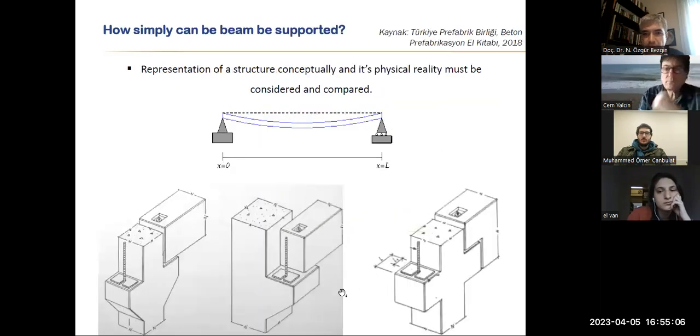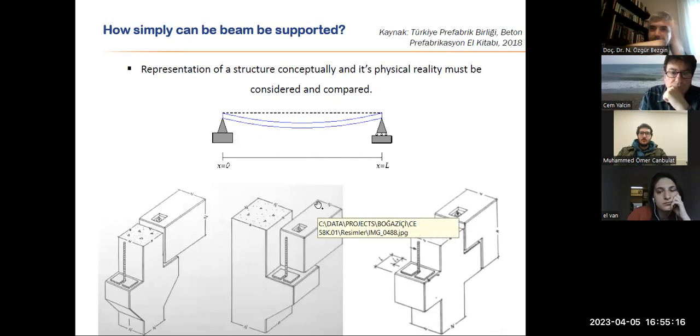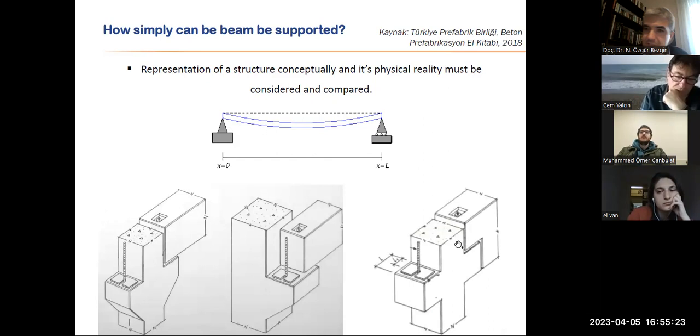So depending on what you want to achieve, if you want to achieve a simply supported action or a moment connection, there are different types of connections. Depending on how much pulling action is going to be, how much pushing action is going to be, the number of bars protruding away and the number of anchorages are determined. These are all tested, by the way.